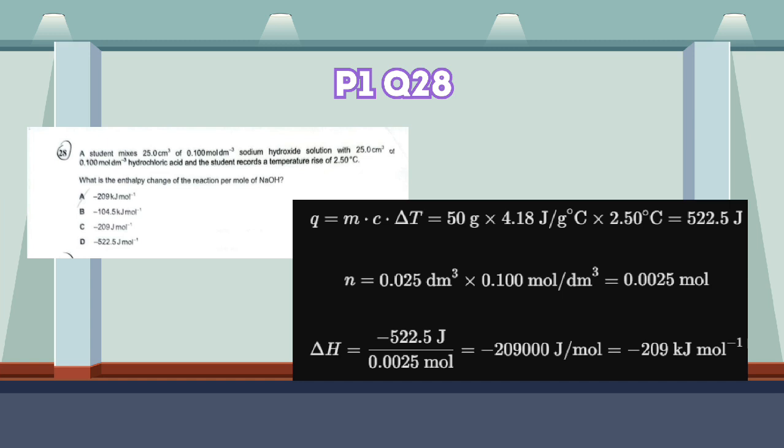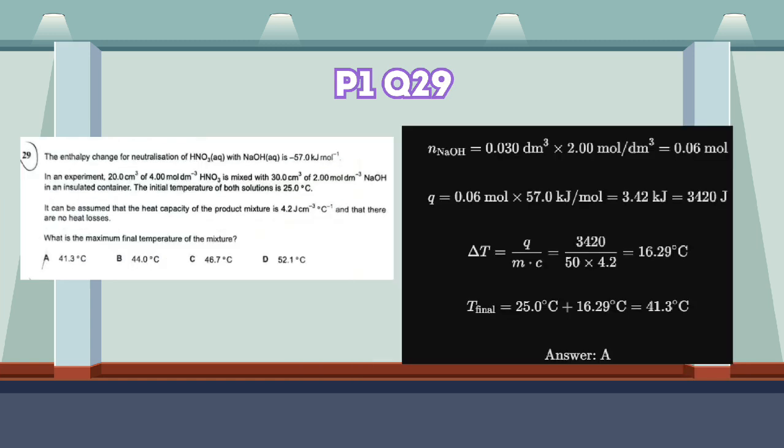And then we use the equation delta H equals Q divided by n, and then the Q and n are inputted, and then the value is minus 209 kilojoule per mole. And then the next question is from paper 1, question 29.